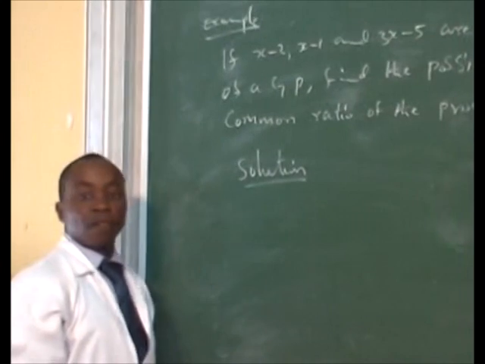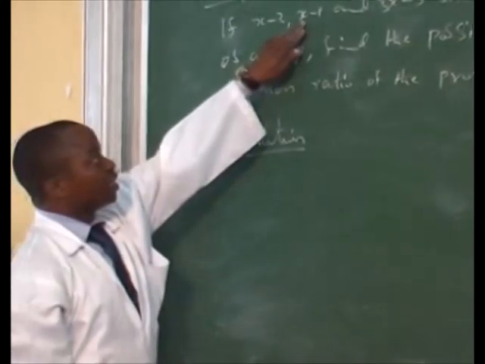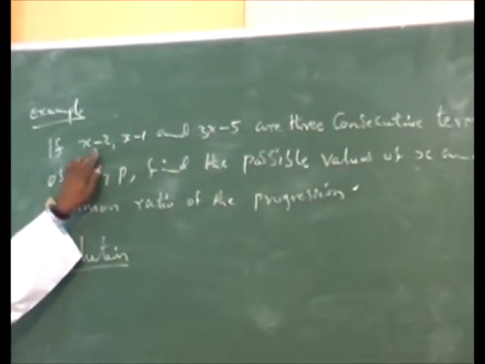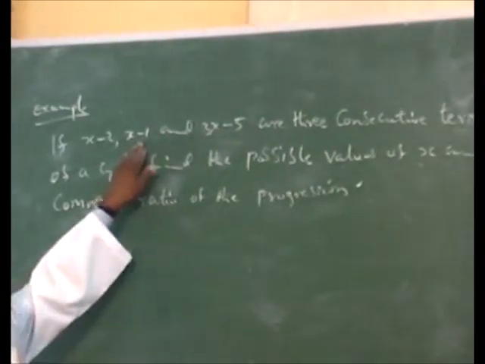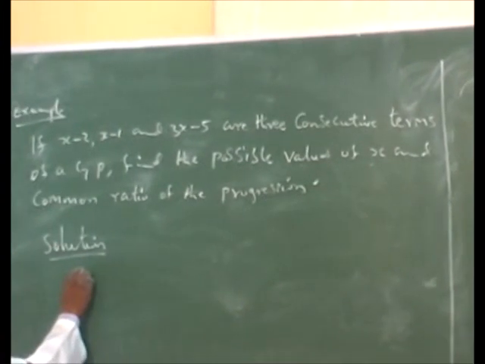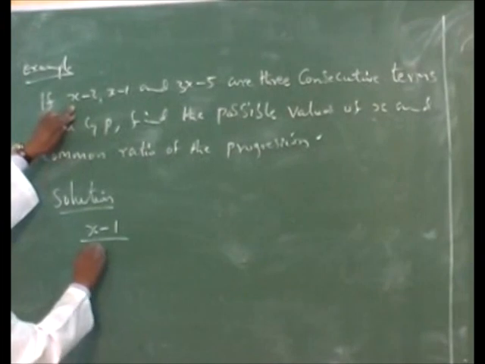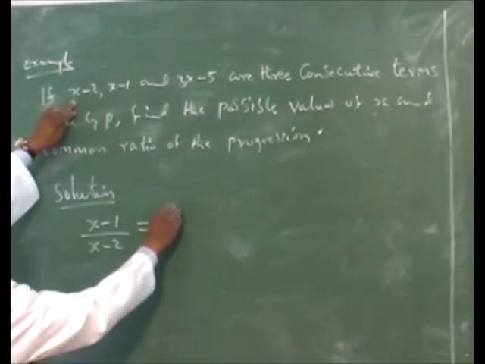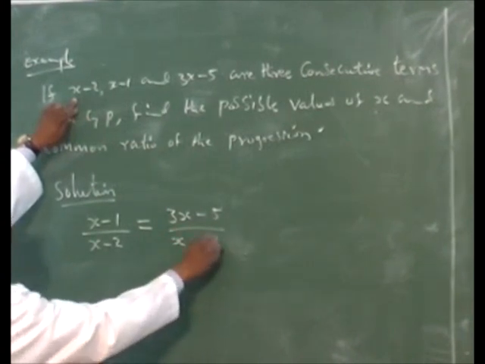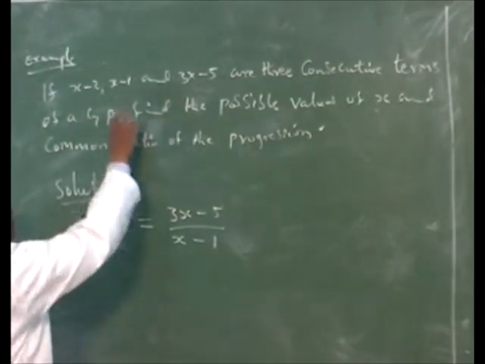We know that for any GP, the second term divided by the first term is equal to the third term divided by the second term. So we say that x minus 1 all over x minus 2 is the same as 3x minus 5 all over x minus 1.